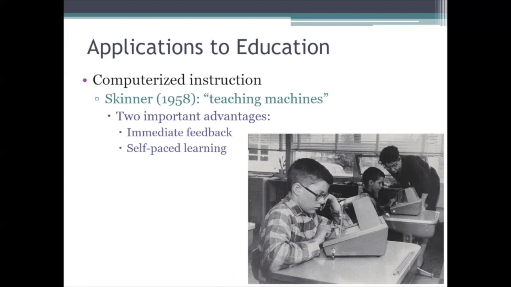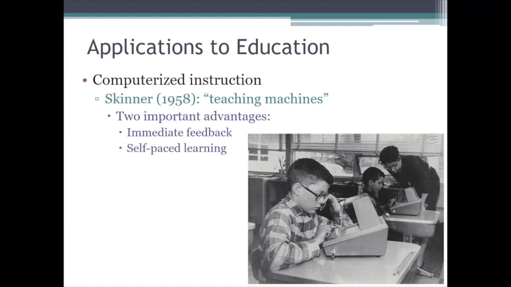So Skinner thought that traditional classrooms weren't as effective as they could be because, for one thing, there's typically a delay, there's typically a lack of contiguity between when students complete their work and when they get feedback on the correctness or the quality of it. And for another thing, Skinner felt like one pace for everyone in the class was not ideal because students learn at different rates.